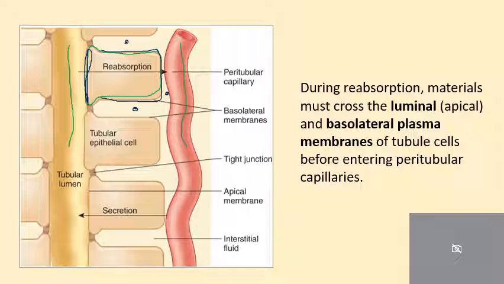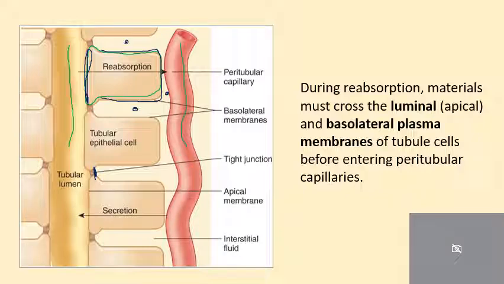Notice that between the tubule cells, those cells are connected using tight junctions. And I'll remind you that tight junctions are composed of pairs of plasma membrane proteins that physically stitch together or join the plasma membrane of neighboring cells, and they create a leak-resistant seal.